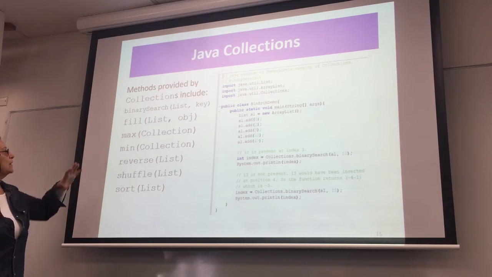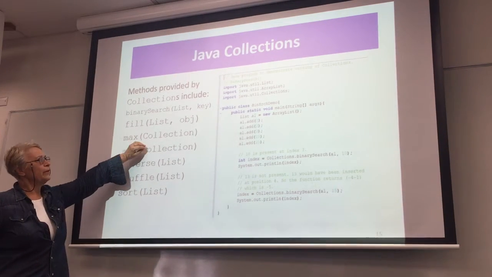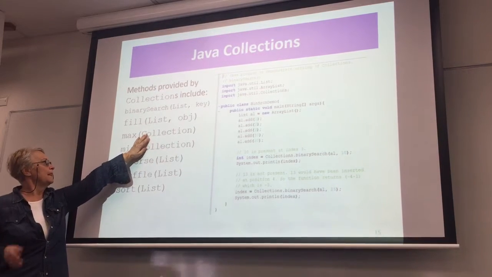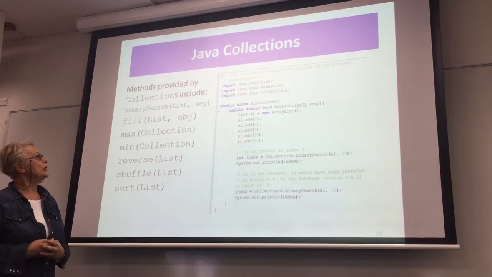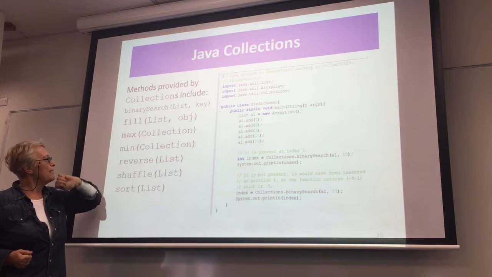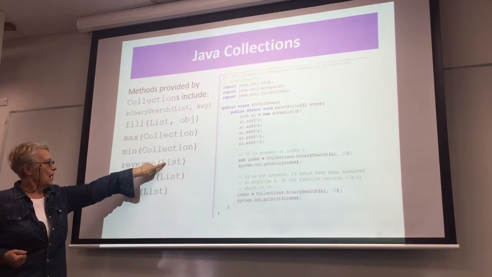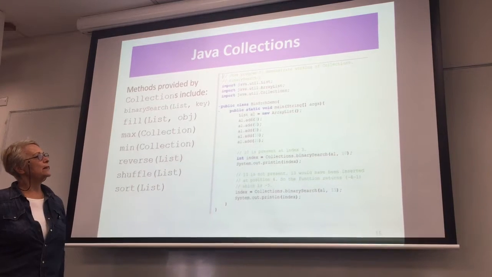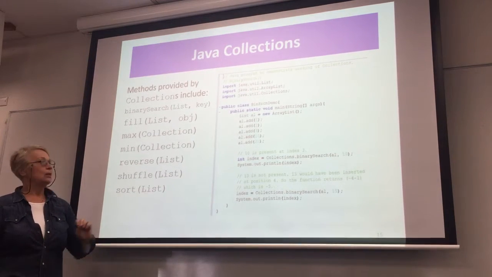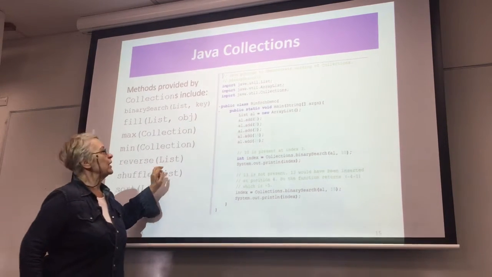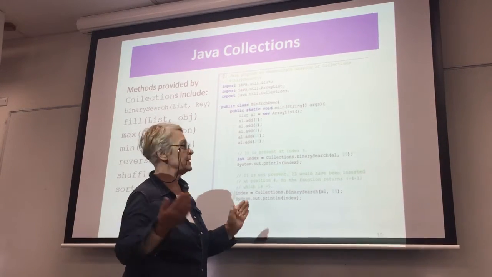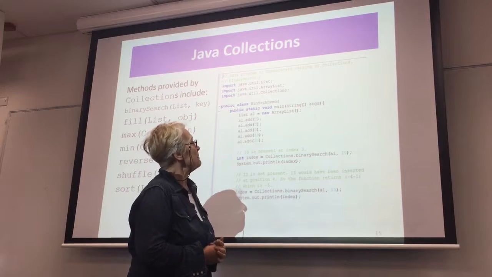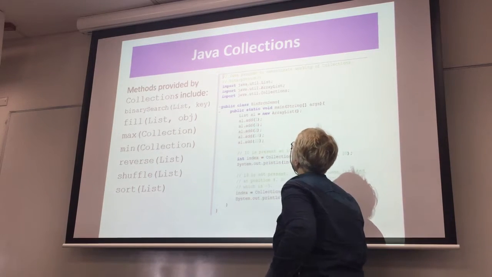Interesting to note is that some algorithms work on any class based on a parameter collection, but some other algorithms require a specific type of collection. Reversing and shuffling work only on list, or anything derived from list, or implements list more precisely.